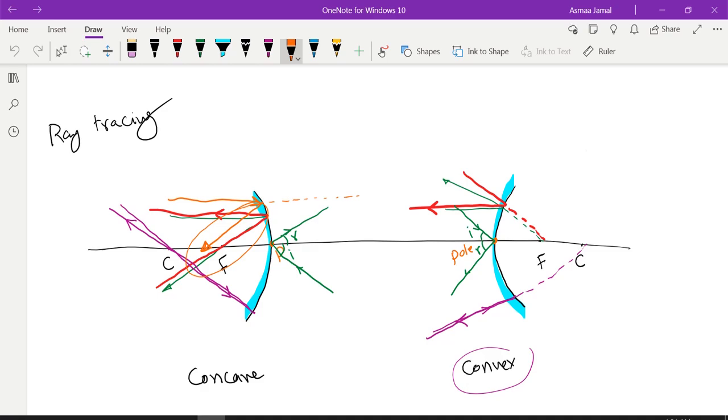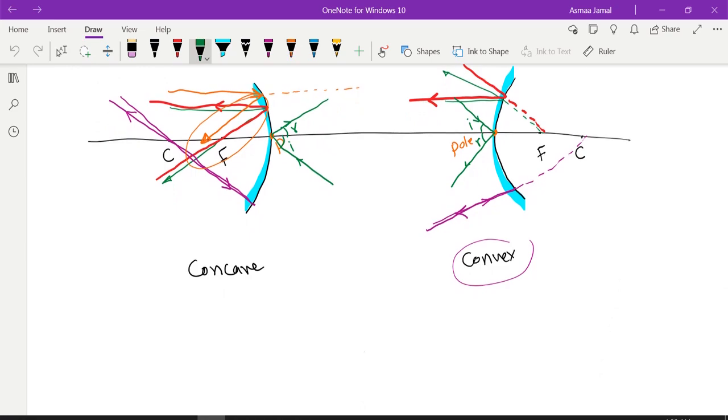For that, when we want to find the power of a mirror, we can use the same lens formula, which states the power of the lens equals 1 over the focal length of that lens. This one is for the lens, since the light keeps going in the same direction.